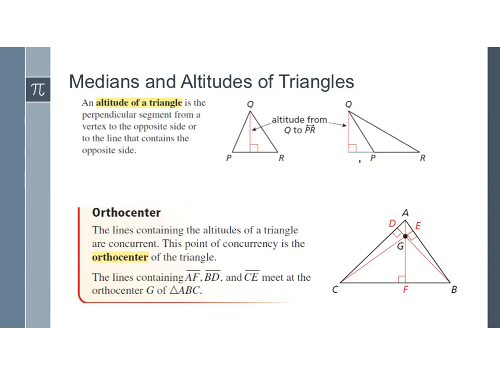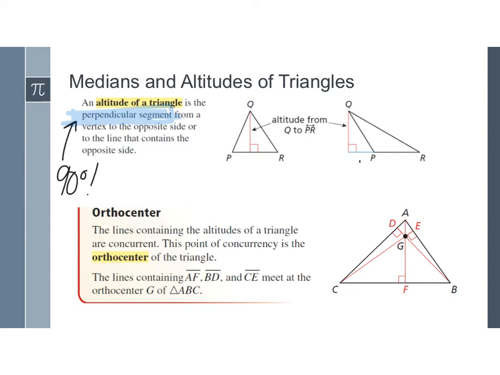The altitude of a triangle is the perpendicular segment from the vertex to the opposite side of the line. So we're going straight down. A key to this with an altitude is the fact that it is perpendicular. By definition, a perpendicular segment creates a 90-degree angle.